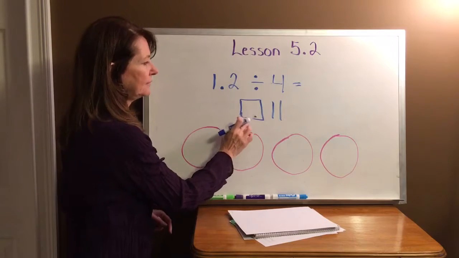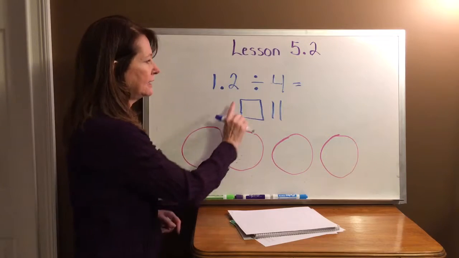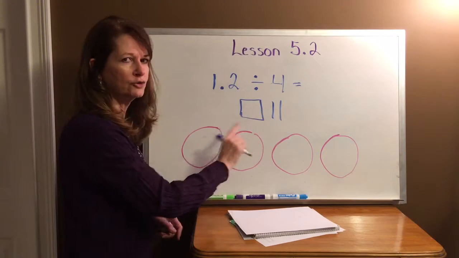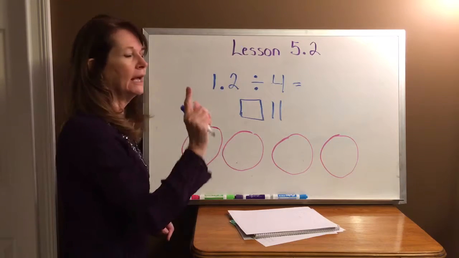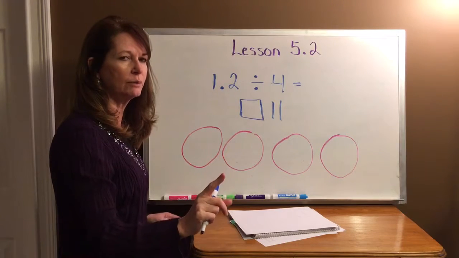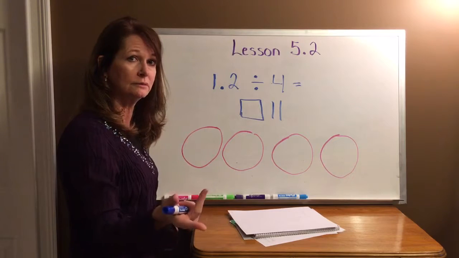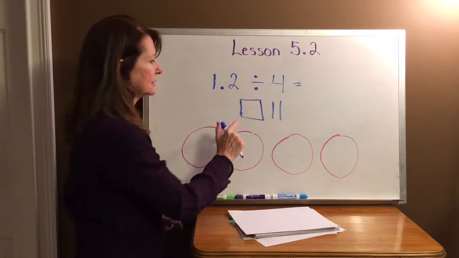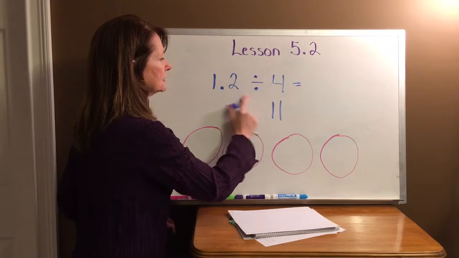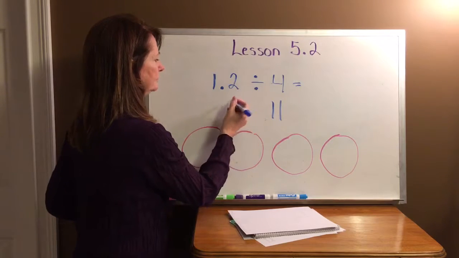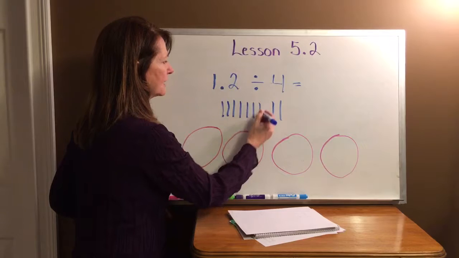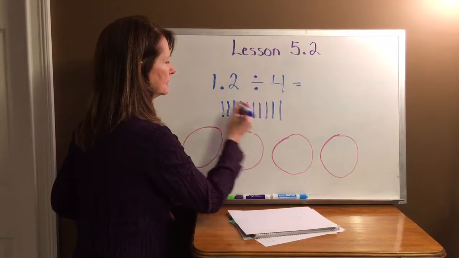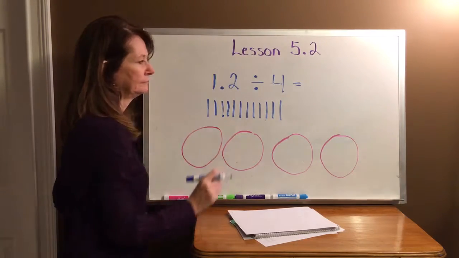So now, if I could regroup, if I could erase this 1 whole, how many tenths would I replace it with? Yeah, we've done it before, 10. So I'm going to go ahead and get rid of this. 1, 2, 3, 4, 5, 6, 7, 8, 9, 10.